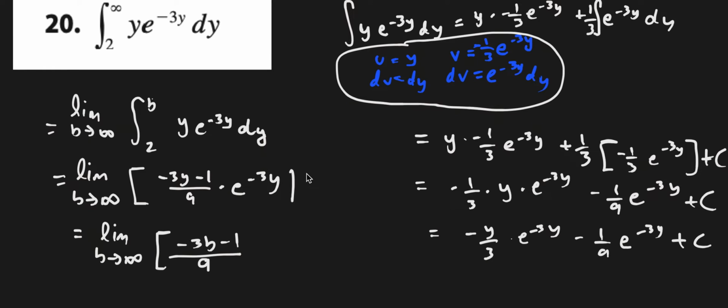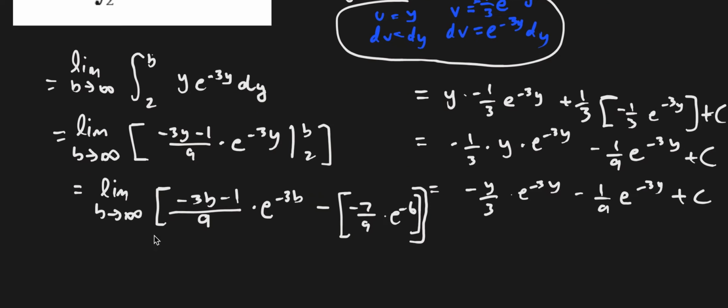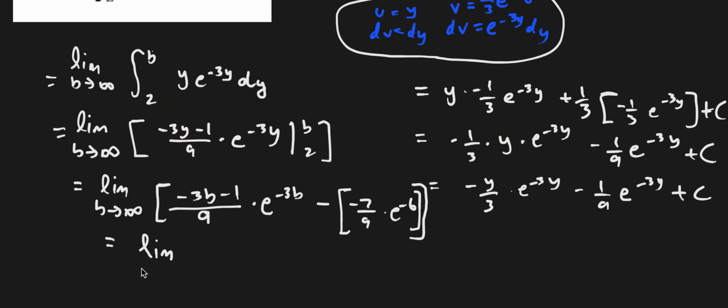We should add that. So negative 3b minus 1 by 9 times e to the negative 3b, minus negative 3 times 2 minus 1. So negative 3 times 2 is negative 6, minus 1 is negative 7 by 9, and then times e to the negative 6. Okay, that's that.